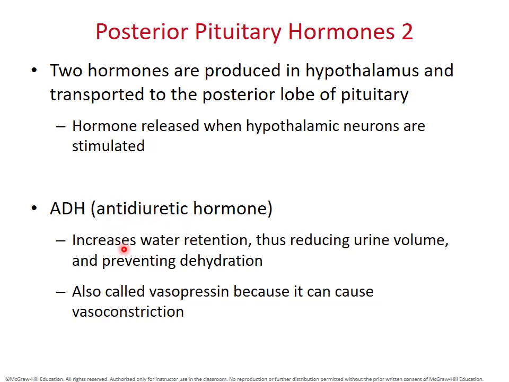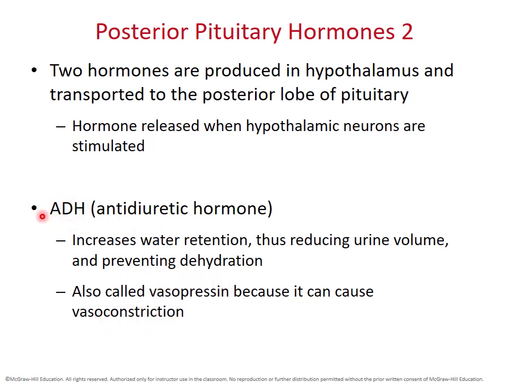At particularly high concentrations, it also has a vasoconstrictive effect. It can also act as a vasoconstrictor, which of course also will increase blood pressure. This leads to its second name that some people use for it, which is vasopressin, which means vessel pressure, right? So vasoconstriction, increasing blood pressure.